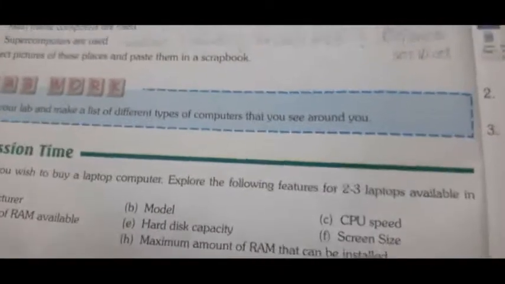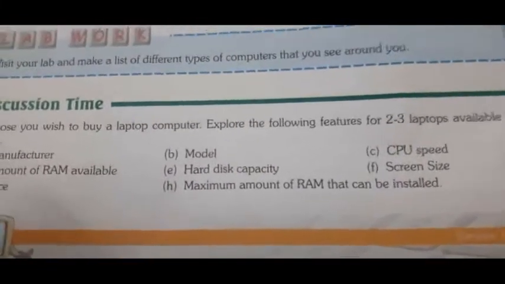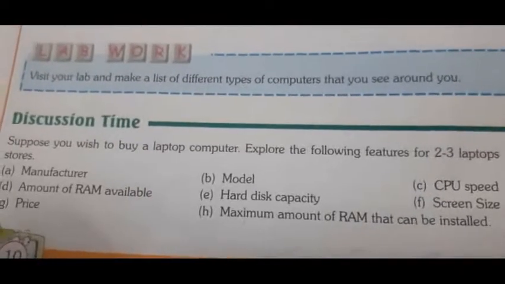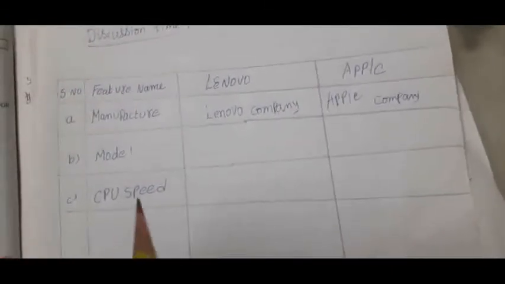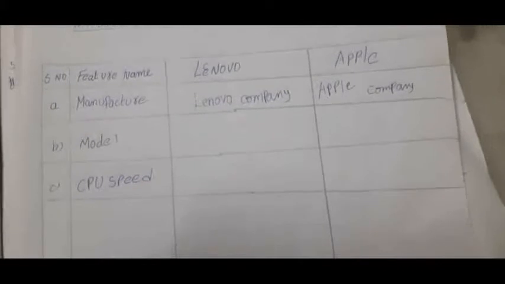Means like this: first you note down this question. Put the heading discussion time. Note down this full question. After that you prepare this table. Here I wrote only 3 features, for example, but you should write the full 8 features up to H. All features you should write and gather the information of these two.